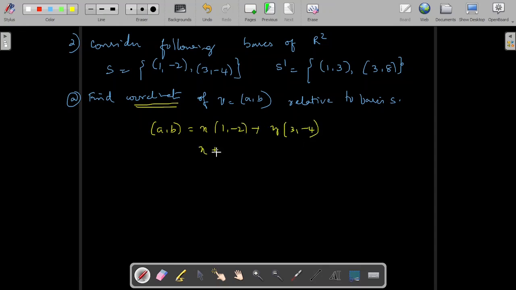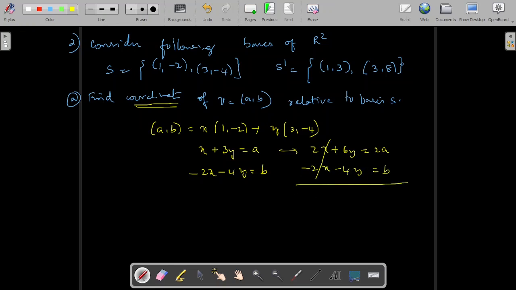So solve this system. x plus 3y equal to a and -2x minus 4y equal to b. So multiply by 2 here. 2x plus 6y equal to 2a, -2x minus 4y equal to b. Now simplify this. 2y equal to 2a plus b, y equal to (2a plus b)/2. Now x equal to a minus 3y, which is a minus 3 into (2a plus b)/2.